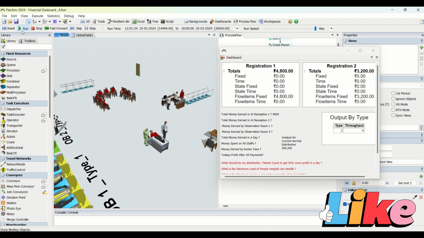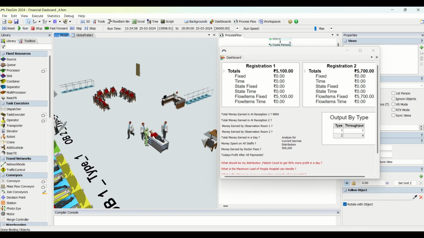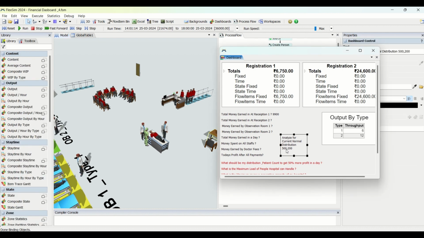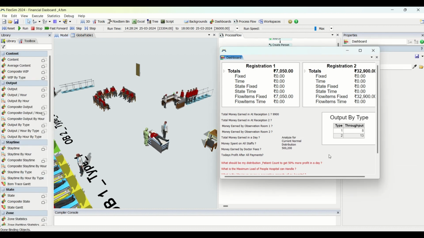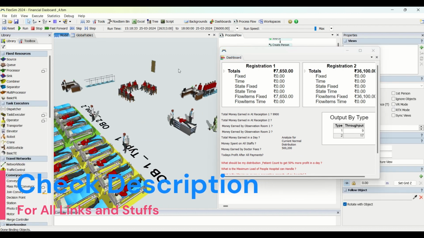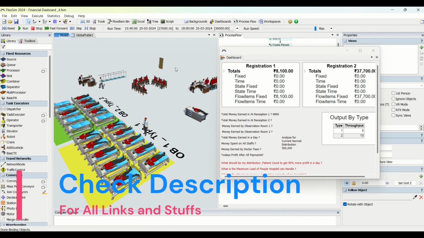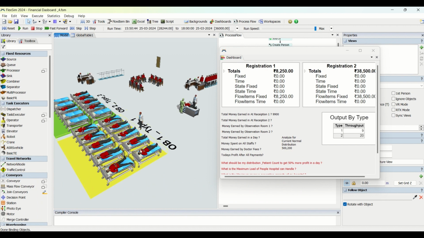Now let us run the simulation model, and we can find out how much this healthcare system is producing if patients arrive with a normal distribution of 500:200. We are about to close the simulation model at close to 10 hours, and if you see, observation 1 seems to be the highest utilized observation room, whereas observation 2 is the least utilized.